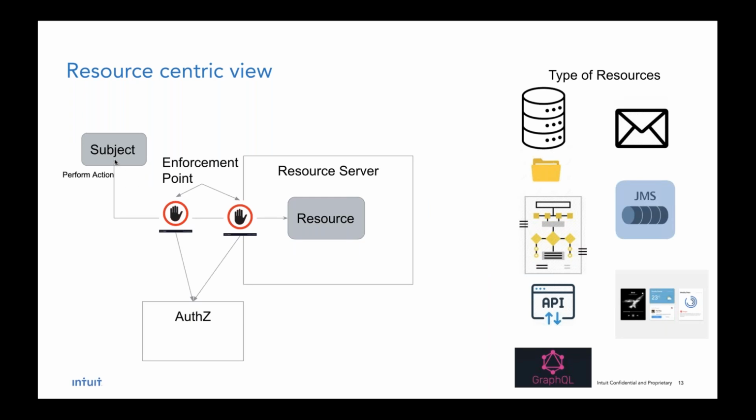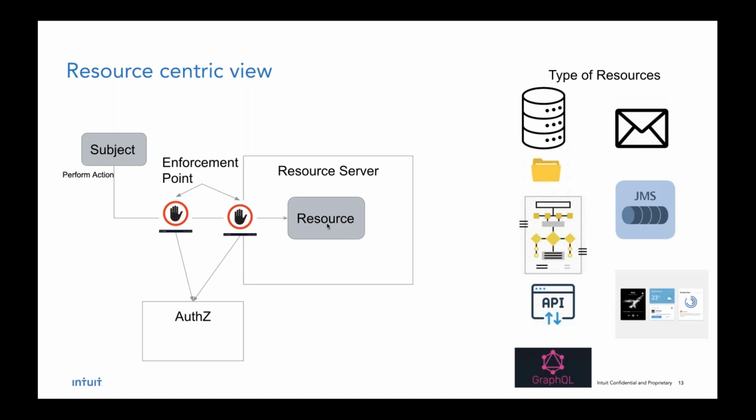So how will it work? What we are saying is that a subject is performing an action on a resource, and the resource, let's say, lives inside a resource server. We can have a few points, which we are calling enforcement points, which intercept a particular access and refer that access to an authorization component, which will make a decision on whether the access is allowed or not. And if access is allowed, then the access is granted to the resource.